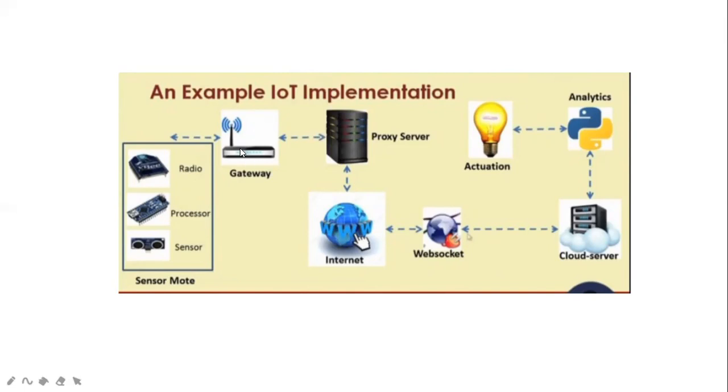So first your data in the form of an address goes to the proxy server, then it comes to the internet, then it faces the web socket node, and then it comes to the cloud server, and then some analytic function will happen to your data, and then the actuator, your bulb, will turn on. So this is one of the examples of how you will implement your IoT and which type of nodes can be used.